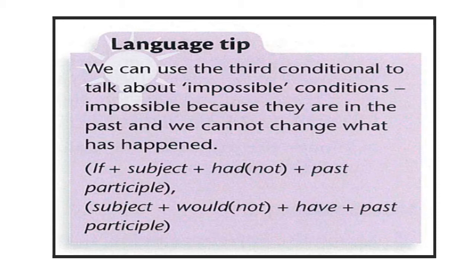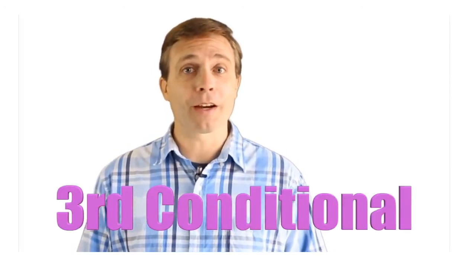This is the form of the third conditional if. If I had taken my medicine, I would not have felt sick. If I had studied for the test, I would have gotten a good grade. So let's start. If I had tried a different lesson, then you would have learned something else, and not the third conditional, which is what we're going to talk about coming right up.